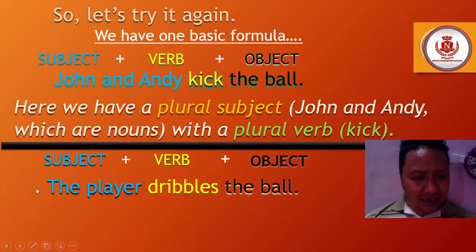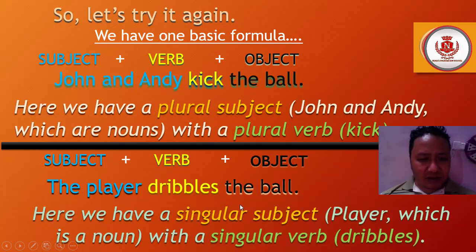But in this case, the player is a singular subject, so we have to use a singular verb as well. But in singular verb, again, let me say we add an S. Alright. Here we have a singular subject, player, which is a noun with a singular verb, dribbles. Understand? Dribbles has an S here, so it's a singular verb.